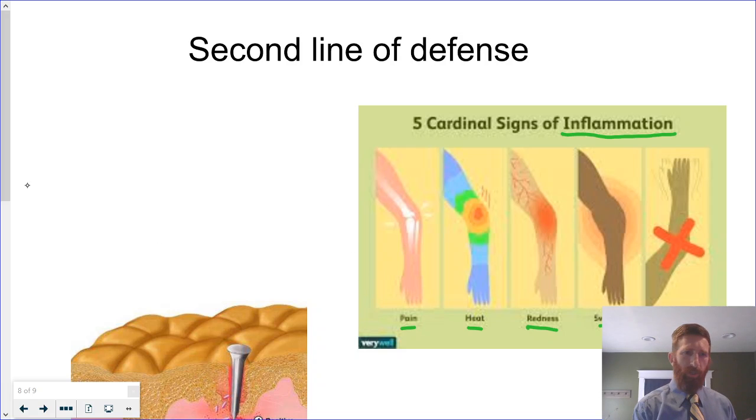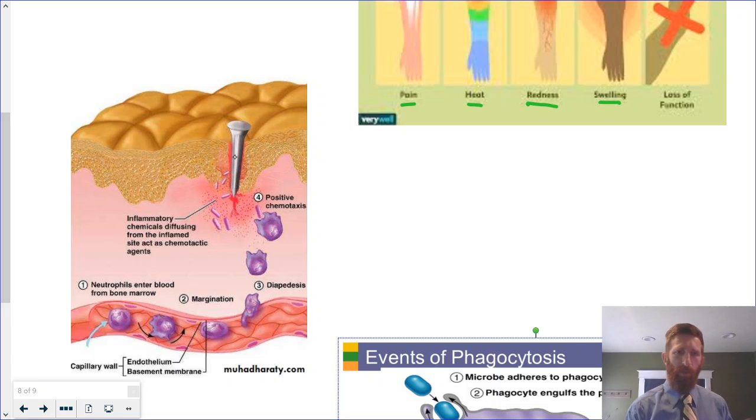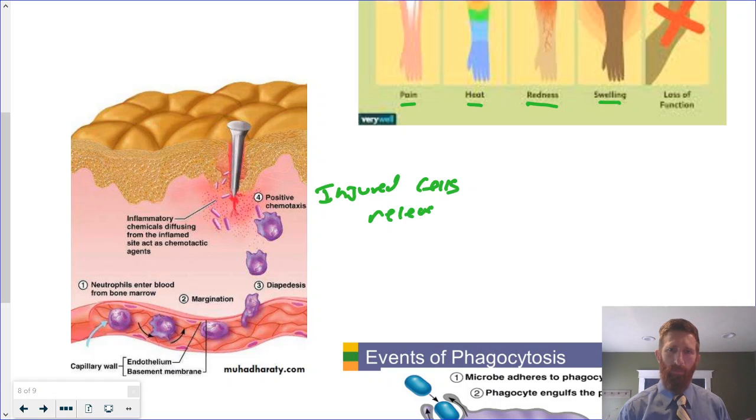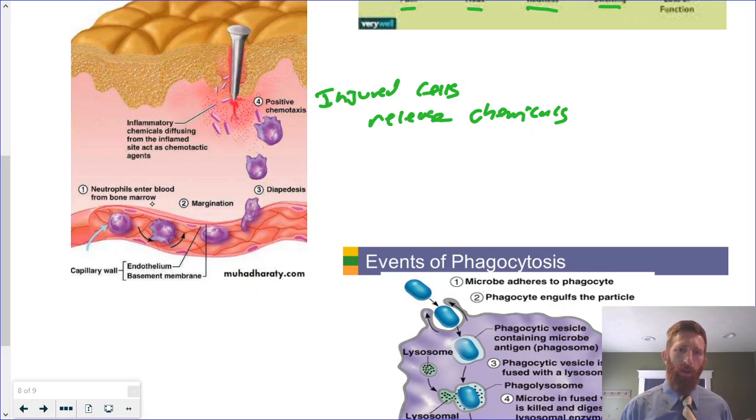So the way that inflammation works is that you get some kind of protrusion or puncture through the epidermis down into the dermis, and these injured cells release chemicals. Then these chemicals call these macrophages or phagocytes, different words that mean the same thing.